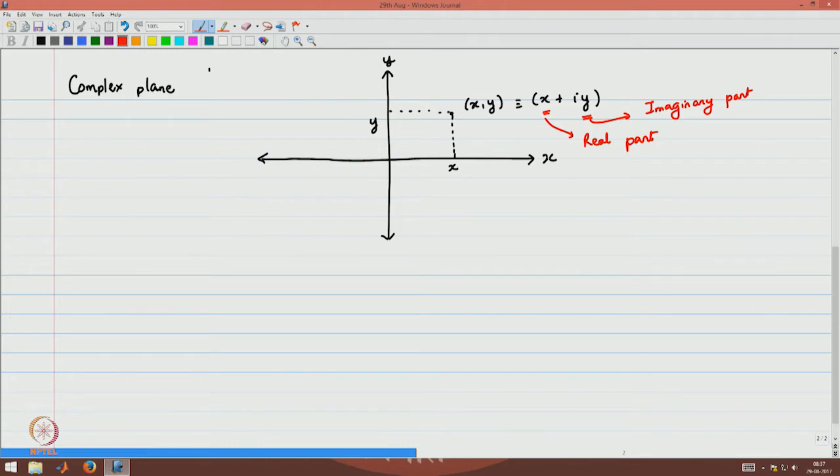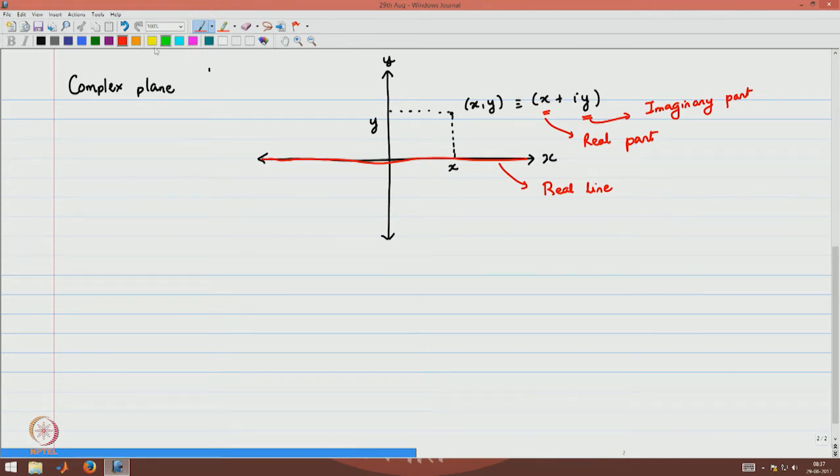So now what you will see is that along this line, this is a real line. In the sense that if this variable lies along the x line, then it will be only real. So if your complex variable lies along this line, that means the y component is 0, so it is purely real.